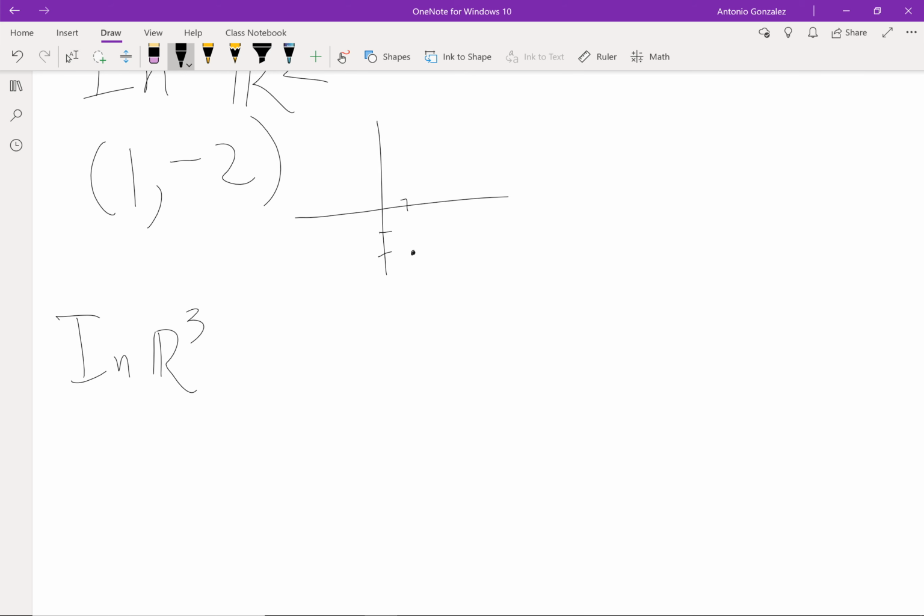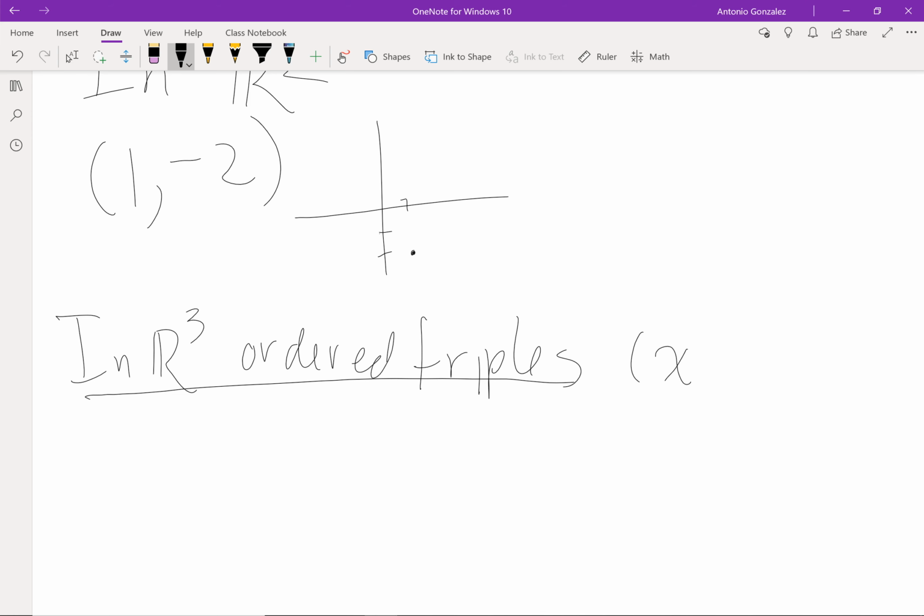In R3, we won't have an ordered pair. What we'll have are ordered triples. So we'll have something like (x, y, z). Same thing, think of it like a set of directions where it says, all right, x direction, y direction, z direction.